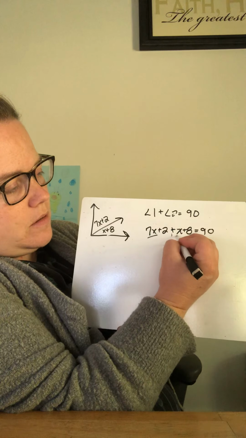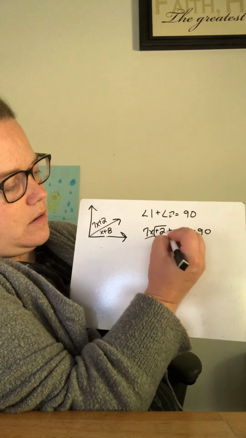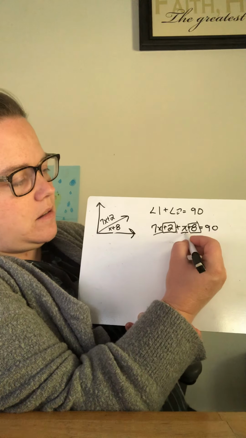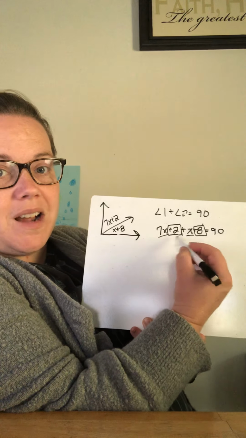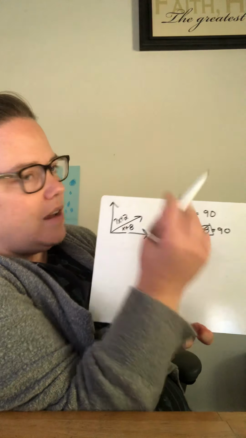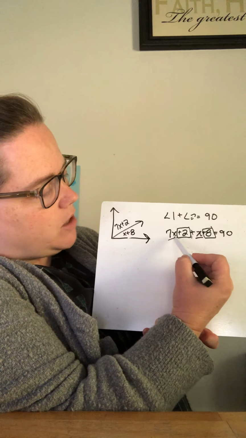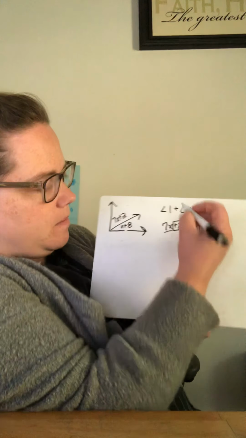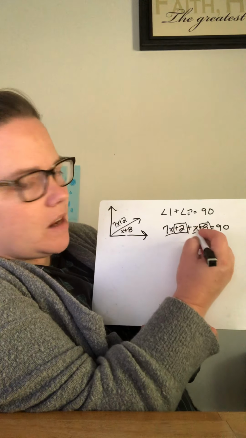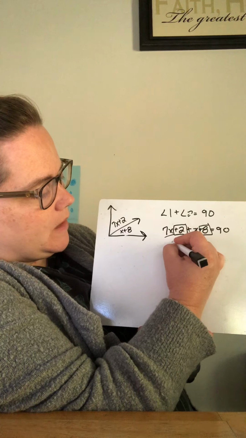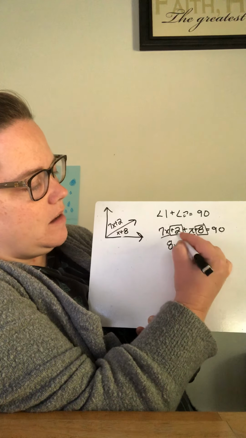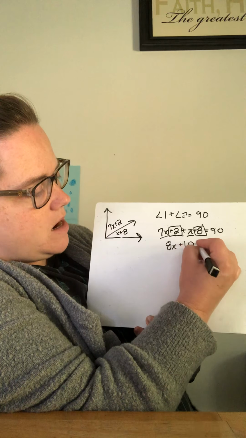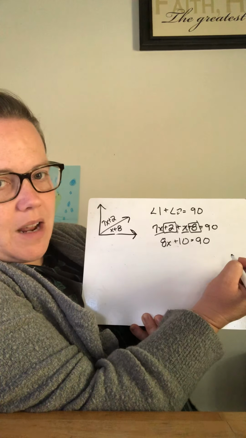Like terms. Remember, cats are my x's, dogs are my constants. Cats and dogs can't mix to make little ones, so I've got to stick with the same pair. So 7x plus x gives me 8x. 2 plus 8 gives me 10, which equals 90.